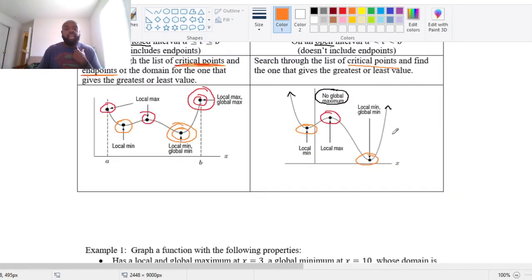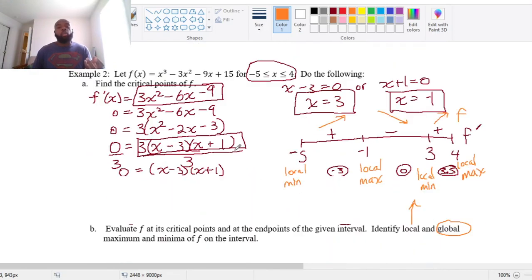For instance, in this graph here, for me to determine whether this is a global max, I need to know the y value of the regular function, not of the derivative. The sign of the derivative tells me whether I'm going to have a local max or min, but I go back to the original function to see which point has the highest y value, and that's going to be my global max, and which point has the smallest y value, that's going to be my global min.